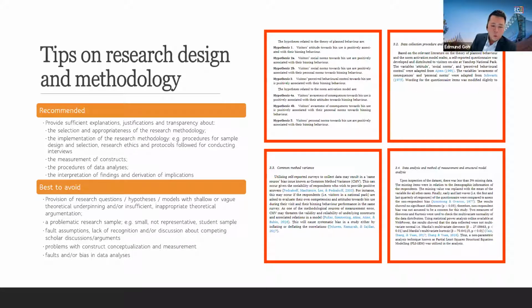So first of all, in terms of your research design, always check to see if there's sufficient evidence that your study has followed and rigorously applied an appropriate and robust research methodology.